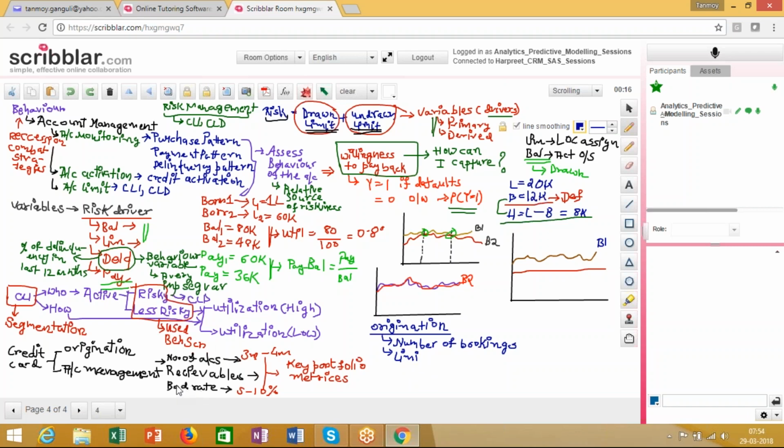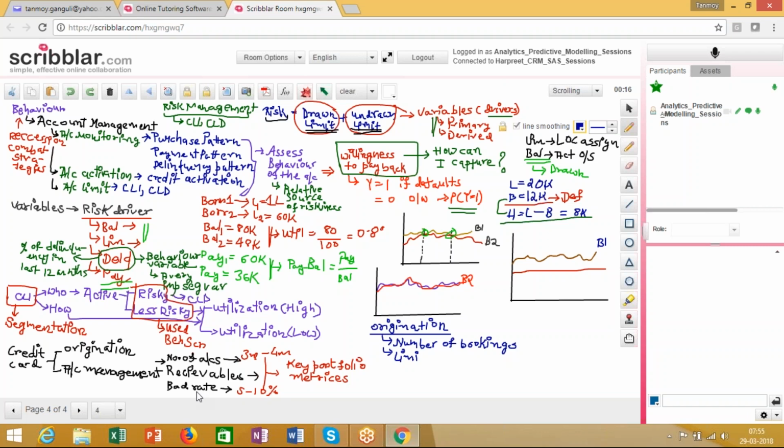Now, if I want to understand my origination portfolio, what is the difference between origination and the portfolio matrices? The overall portfolio matrices will give me an idea about how my portfolio is behaving up to date. Say last month I had 100 acquisitions, this month I had 50 acquisitions.